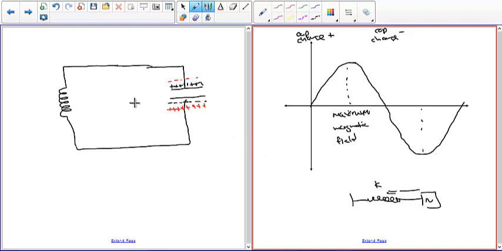What we have in this electric circuit is we go from energy stored in an electric field to energy stored in a magnetic field, because when this is uncharged, there's no electric field. So when you have this maximum magnetic field, this will be uncharged. It'll be the same amount of charge on either side, so there'll be no electric field here, and all of the energy will be stored in the magnetic field. Same with a spring mass system.